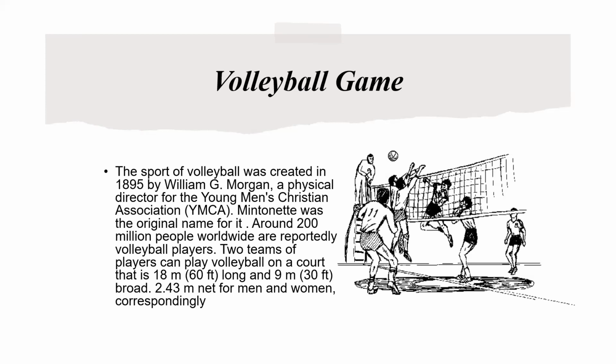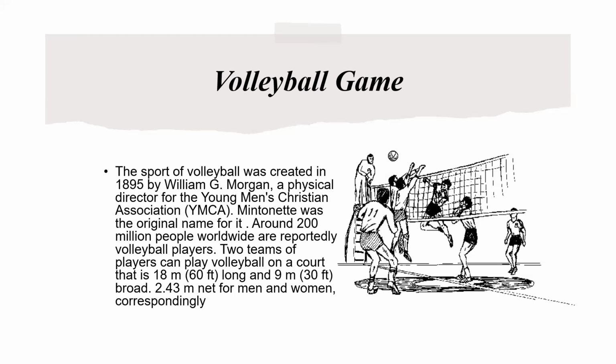In the middle, there are two teams playing the game, and each team consists of 6 players. In the beginning, one player from each team throws the ball from the court edge and strikes it with their hand or arm. The opposing side must prevent the ball from touching the ground.